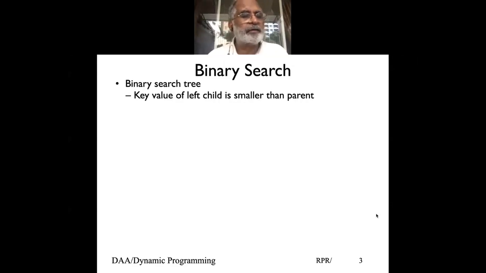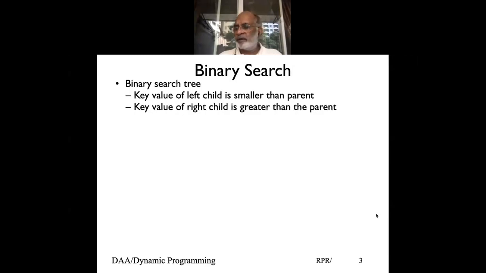Typically, in a binary search tree, the value of a left child is smaller than the parent and the value of the right child is bigger than the parent, less than or equal to or greater than or equal to. So the parent node has two children, the left child has a value less than or equal to the parent, the right child has a value greater than or equal to the parent, and that is what we call a binary search tree.